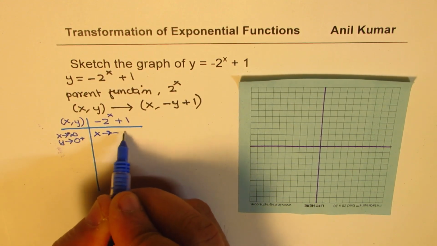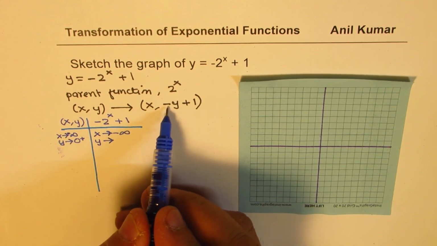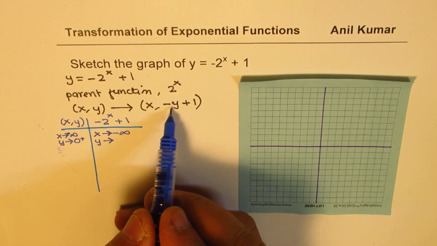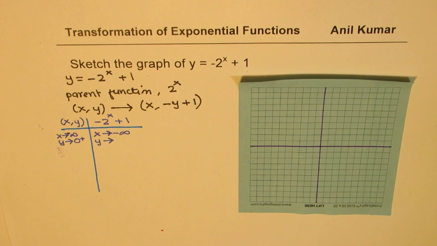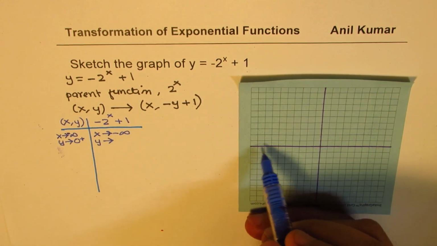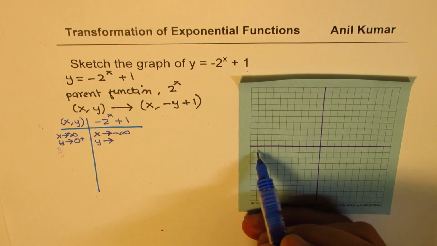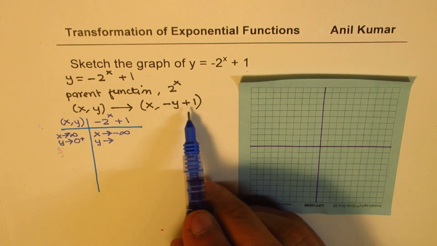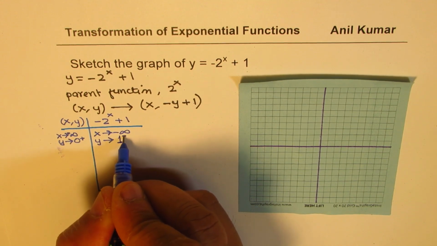So when x approaches negative infinity, what happens to y? It gets multiplied by negative, and then plus 1. So when I say negative, it means instead of approaching 0 from above, it will approach from below, right? And now we have to add 1. So it is going to approach 1 from below.